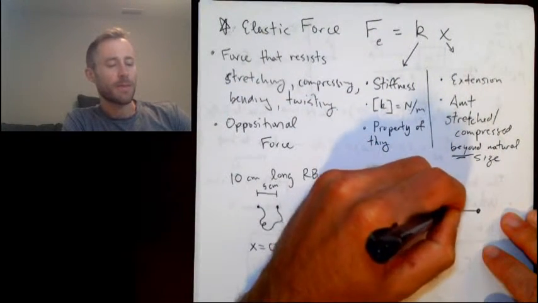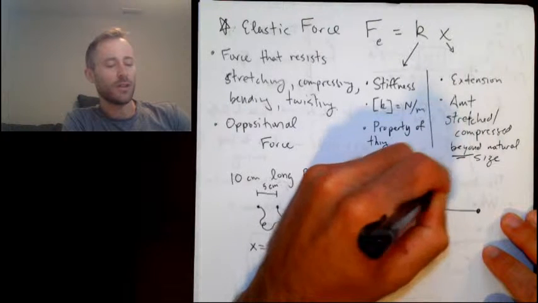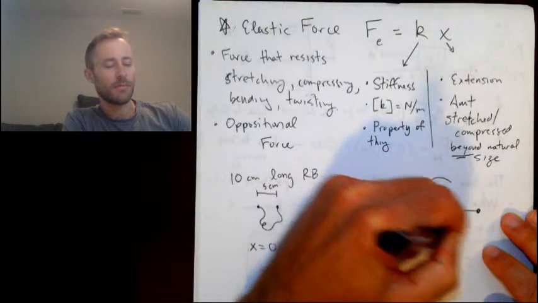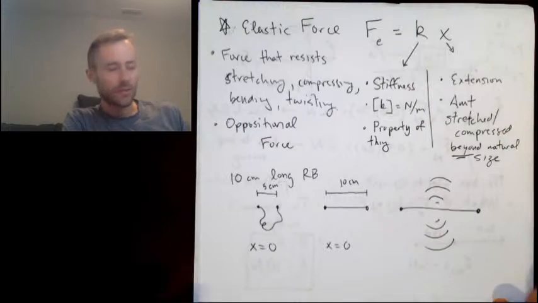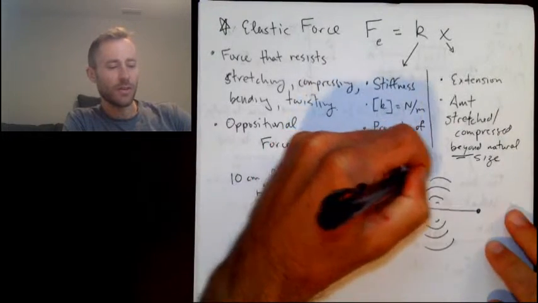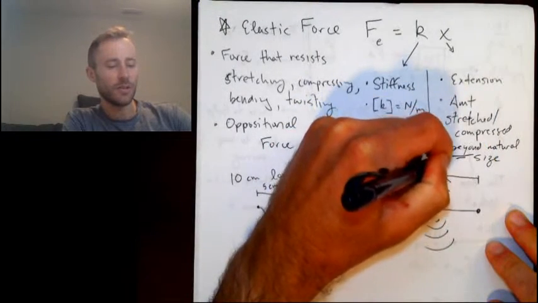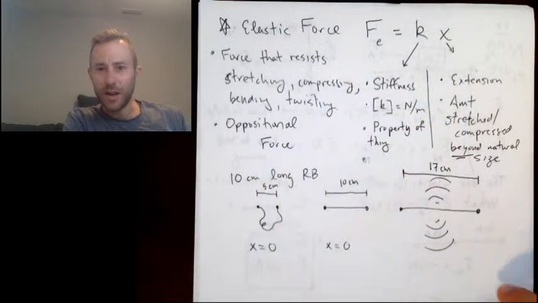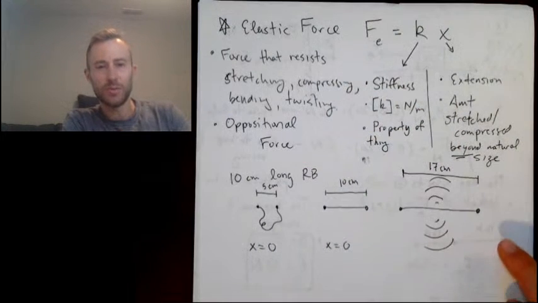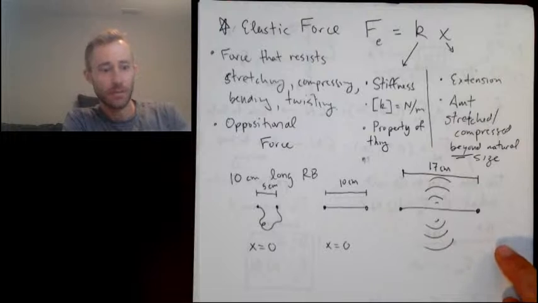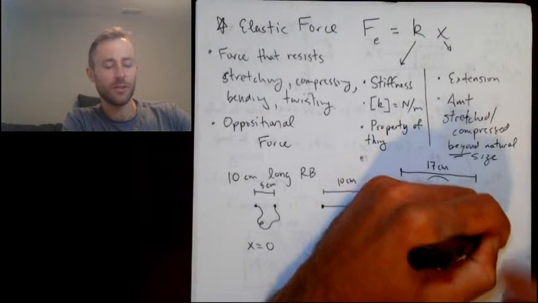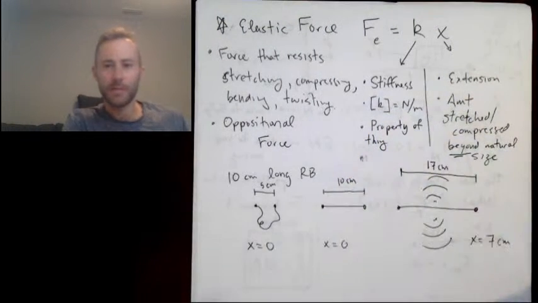It's beyond its natural length now. Like that. So that now the two ends are 17 centimeters apart. Well, in this case, I have gone 7 centimeters beyond 10. So I would say that x equals 7 centimeters.